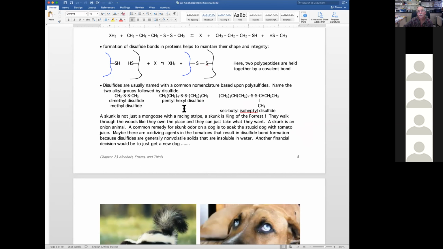So it's just using that style of nomenclature. We also have sulfides, which I didn't talk about. So that was a single sulfur in here. It'd be called dimethyl sulfide, pentyl hexyl sulfide. So it's just a different style.